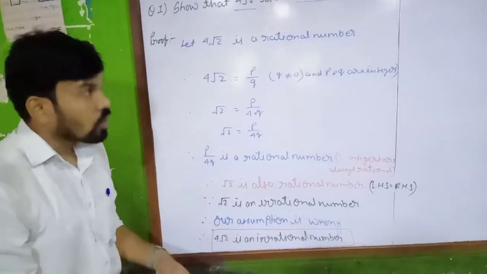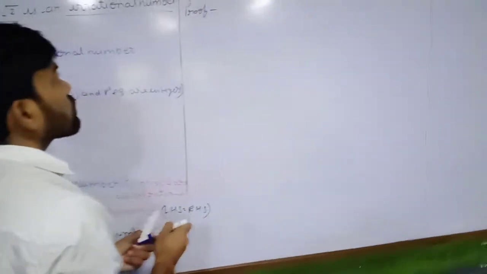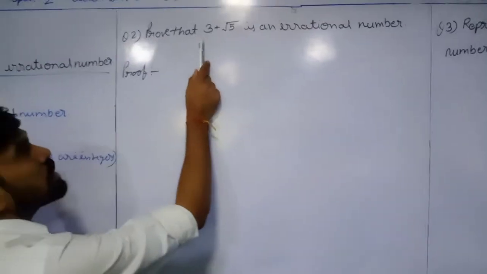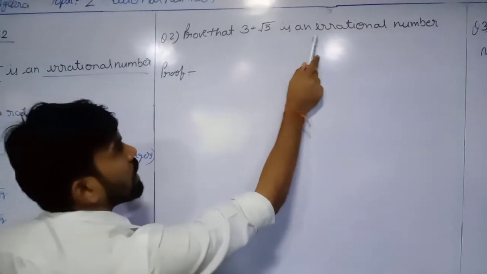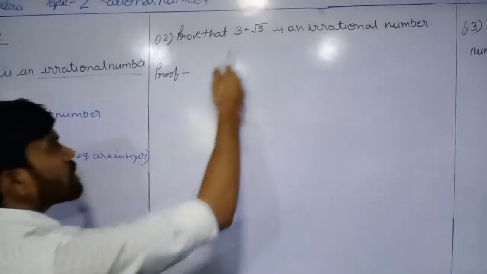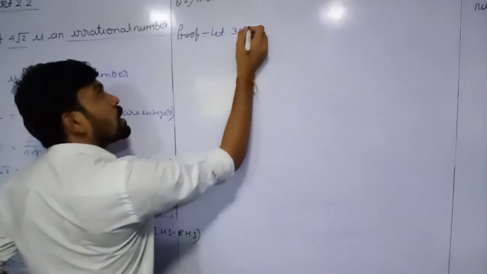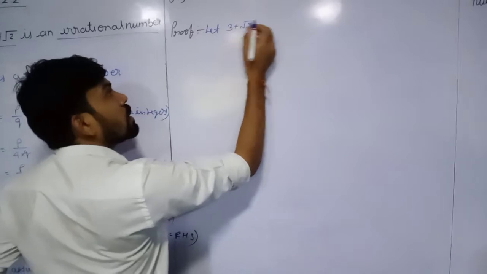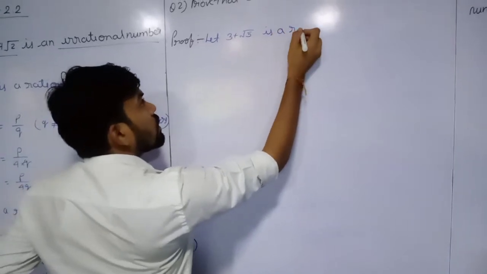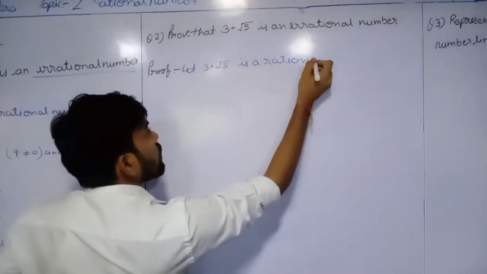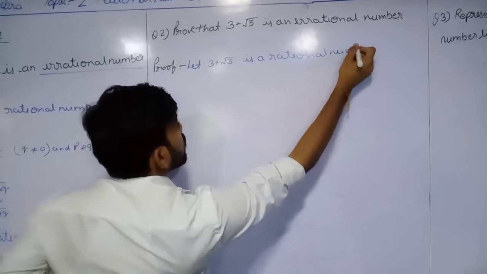Got it? Now turn to the second sum. Prove that 3 plus root 5 is an irrational number. The same sum, and the first step is the same. Let 3 plus root 5 be a rational number.